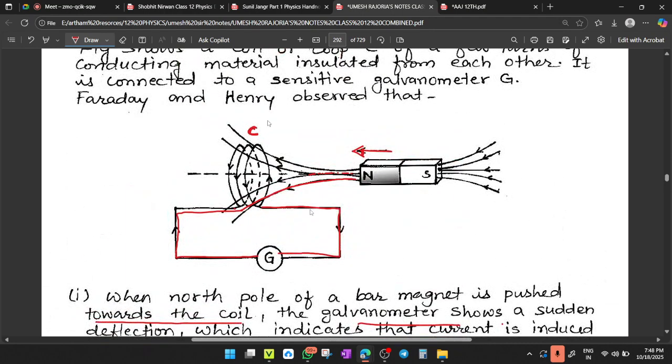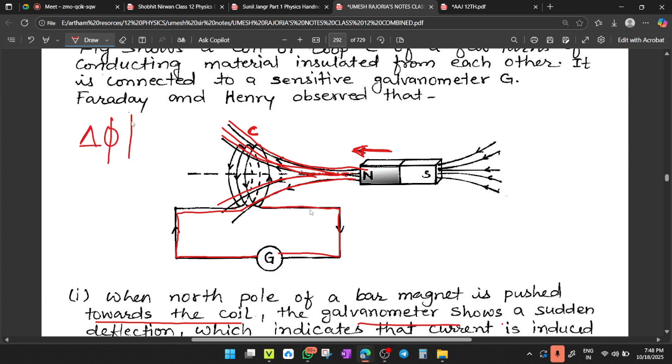You tell me, when you start keeping this magnet closer to the coil, the magnetic flux will be rapidly increasing. Yes or no? So as the magnetic flux is increasing, there is a change of flux.